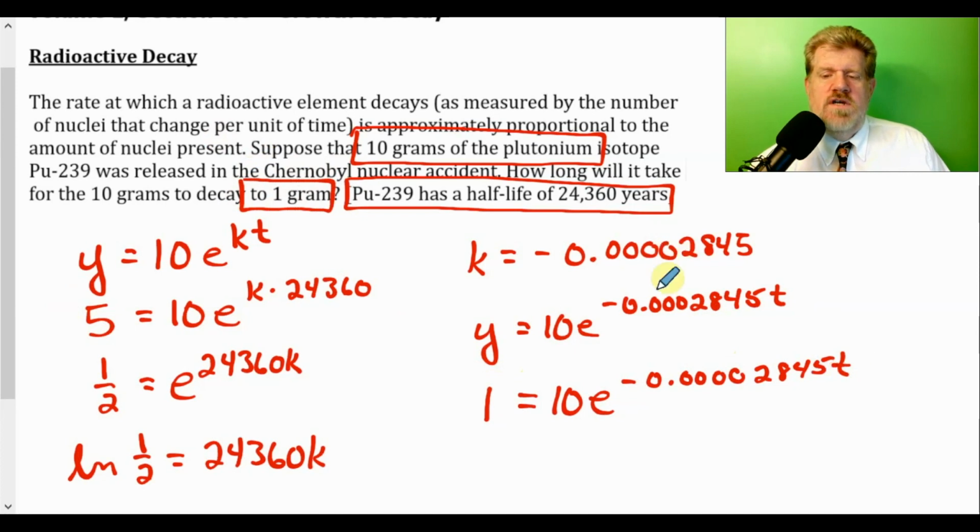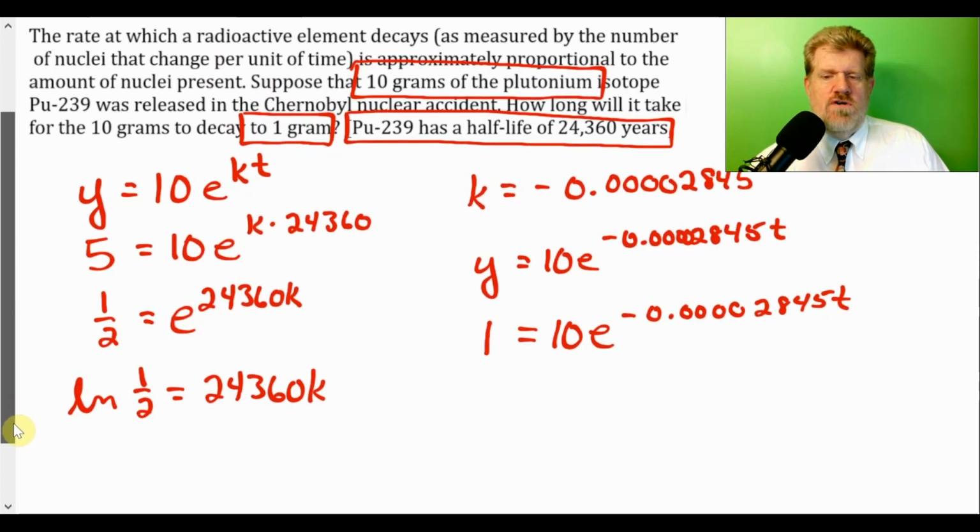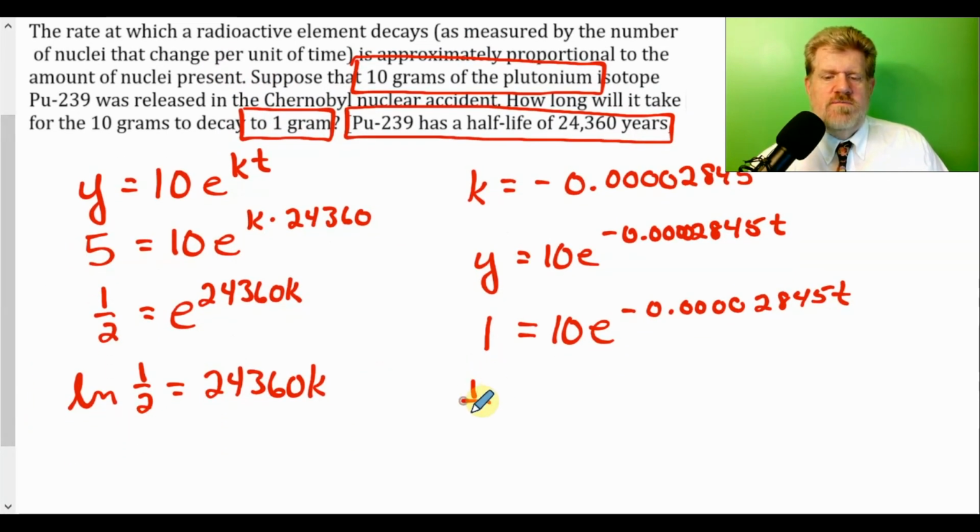I apologize up here. I need an extra 0. I'll just stick it in there real fast. Okay. So just do my little calculation. Divide both sides by 10. And I take the natural log of both sides, which leaves me with this.